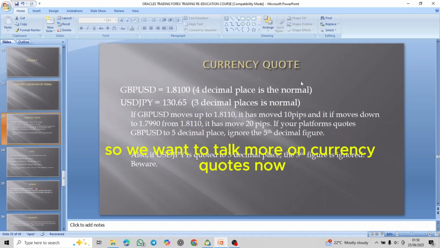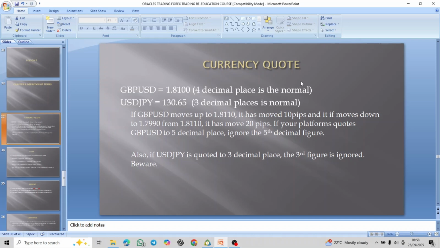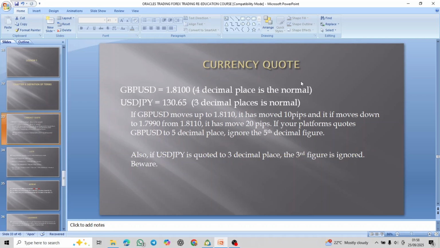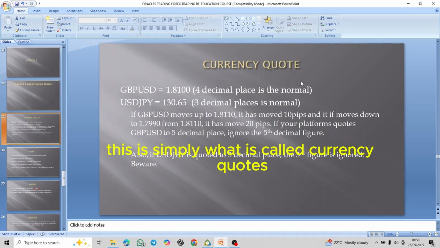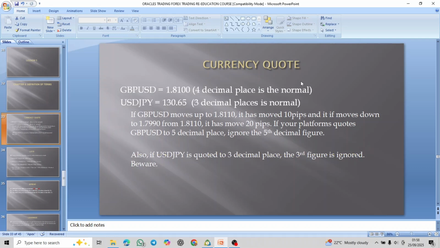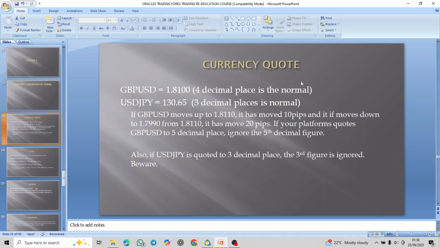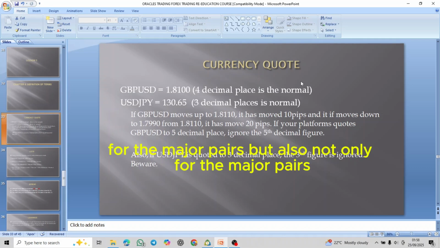So we want to talk more on currency codes now. When you have something like GBP USD equal to 1.8100, this is simply what is called currency codes, and it is usually to 4 decimal places for the major currencies or the major pairs, but not only for the major pairs.